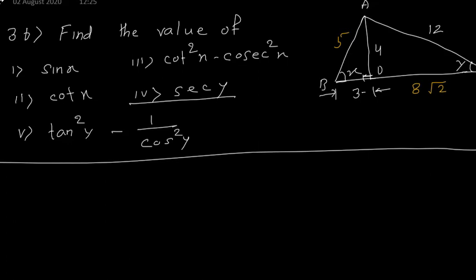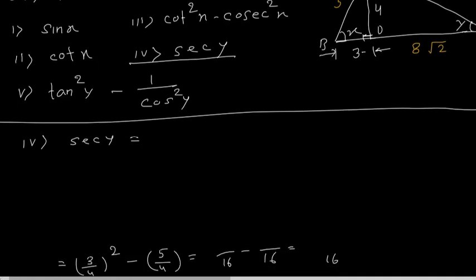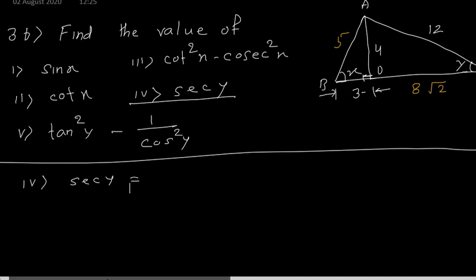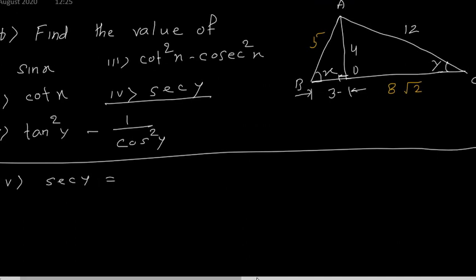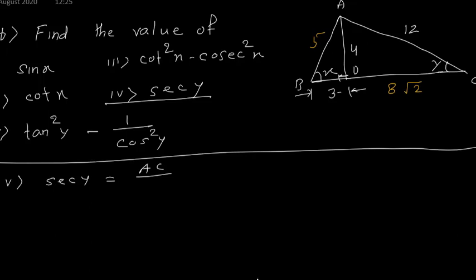Fourth problem is sec y. See the diagram, sec y is hypotenuse upon adjacent. In this diagram hypotenuse is AC, adjacent is DC, so it is AC upon DC.